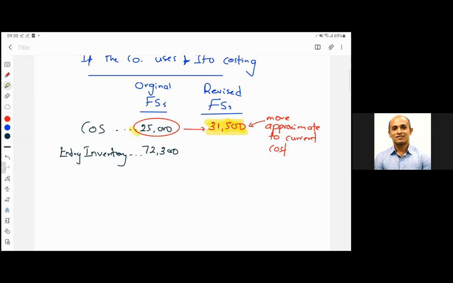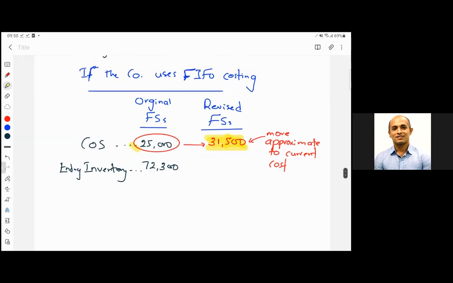It's lower than the current cost, because cost of sales at current cost is 31,000. So if you do not adjust, your cost of sales has been understated.